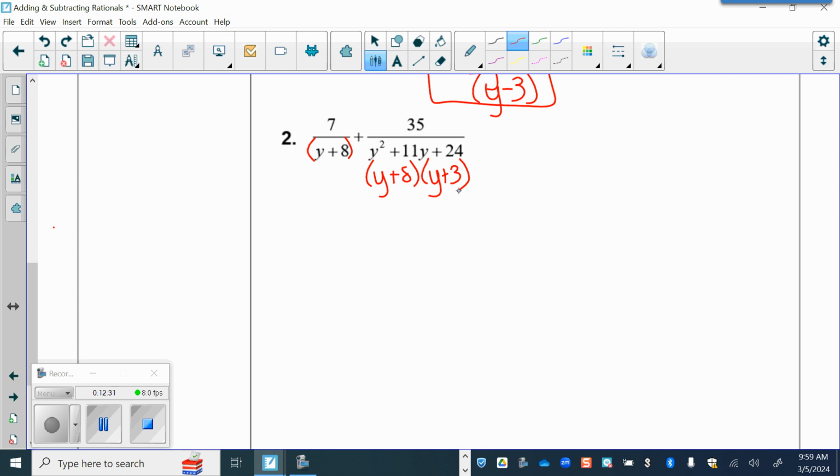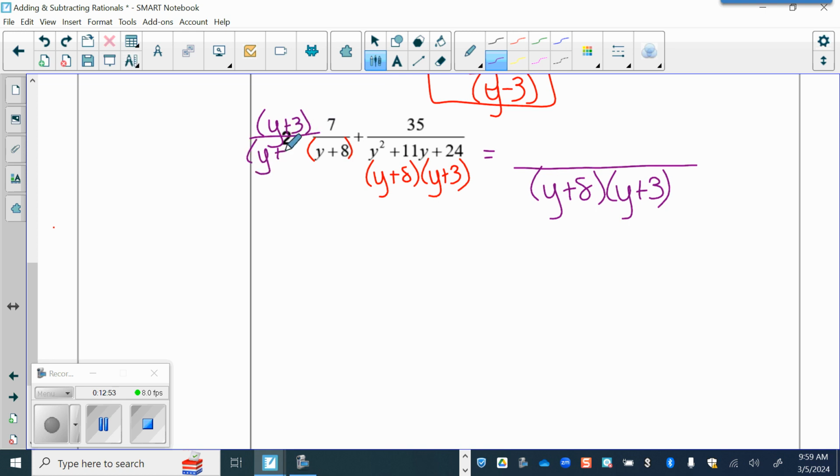So my least common denominator is y plus 8 times y plus 3. And I need to multiply this first fraction by y plus 3 over y plus 3. So I have 7 times y plus 3 plus 35.